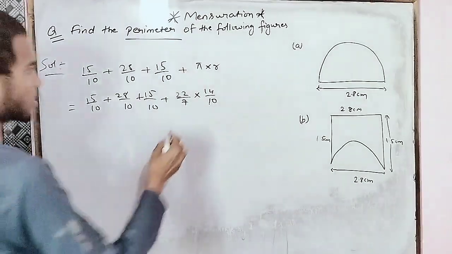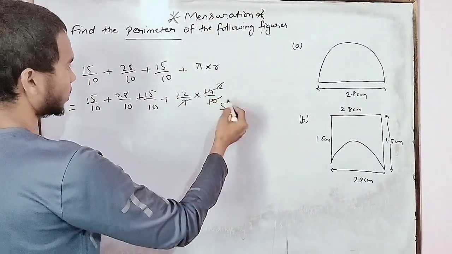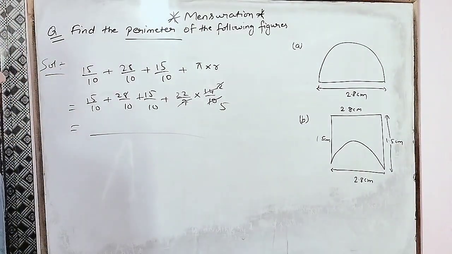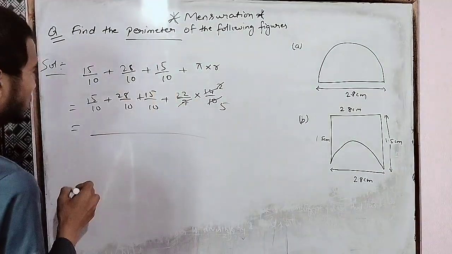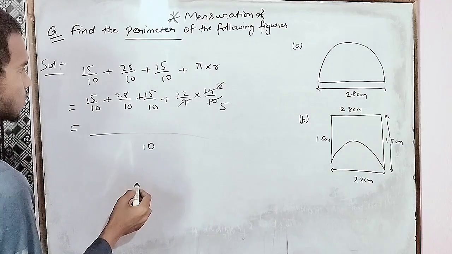Now it's time to simplify it. 7 into 14 and 5 into 10. That's it. This is a fraction, 10, 10, 10. So can we write 10? Of course, yes.